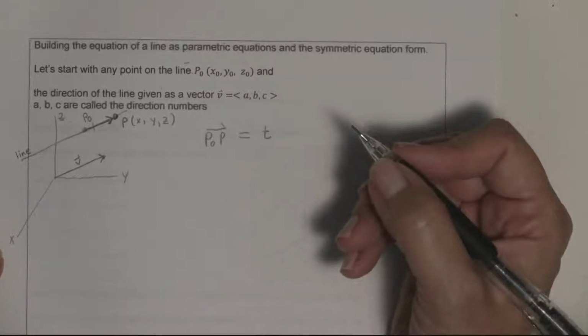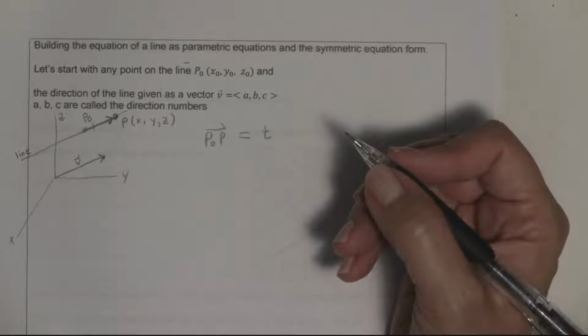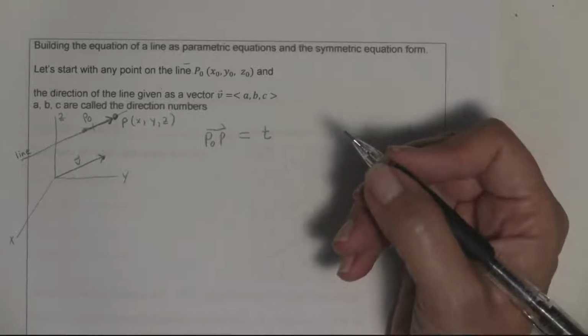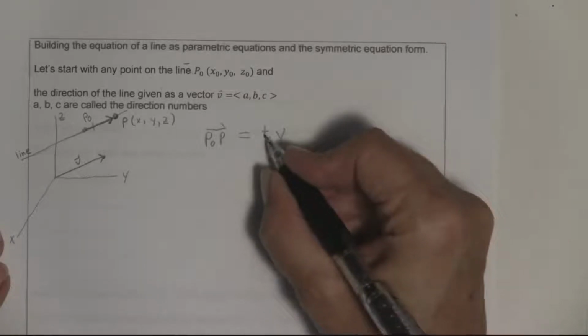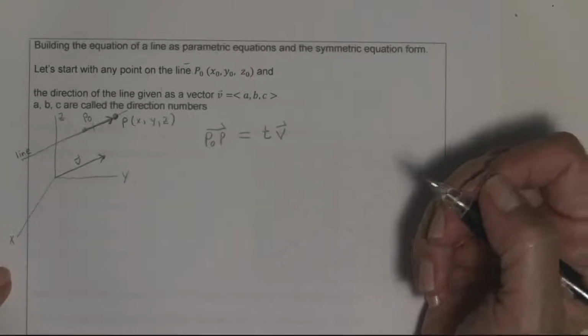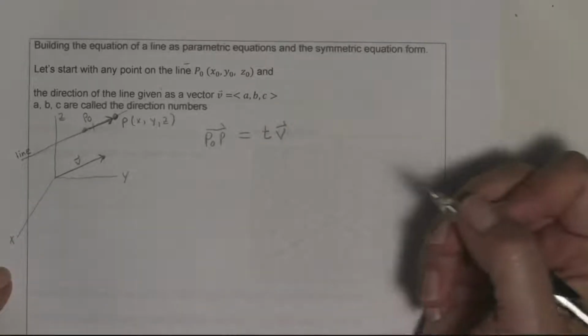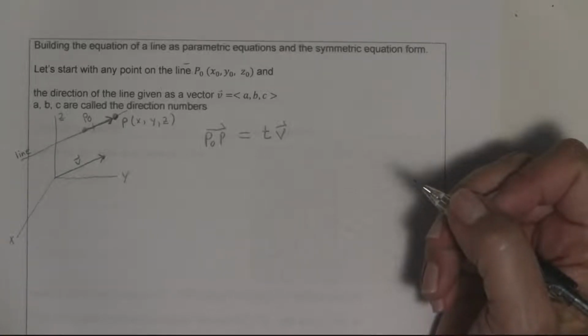And remember, when you did parametric equations in pre-calc and in Calc 2, that's the typical variable that they used for that. And so we know that T multiplied by our direction vector V would be equal, because they're parallel, where T can be some real number to make that true.